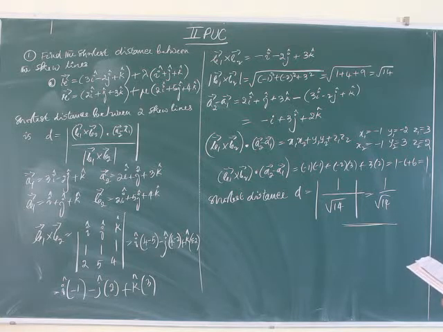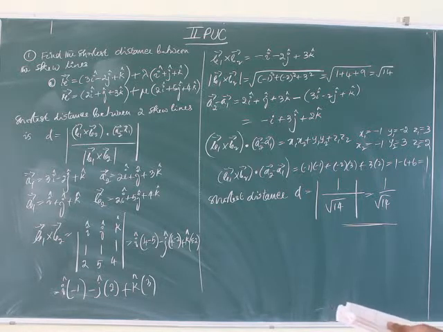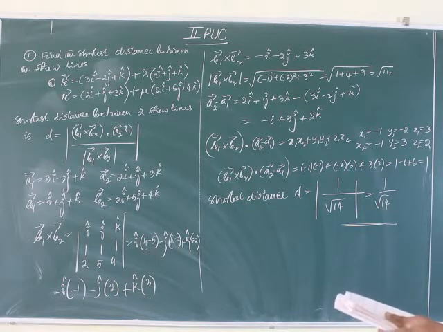Just to verify the answer: b1 cross b2, i j k, 2i plus j plus 3k, 2i plus 5j plus 4k. 4 minus 5, 4 minus 2, 5 minus 2, everything is correct.